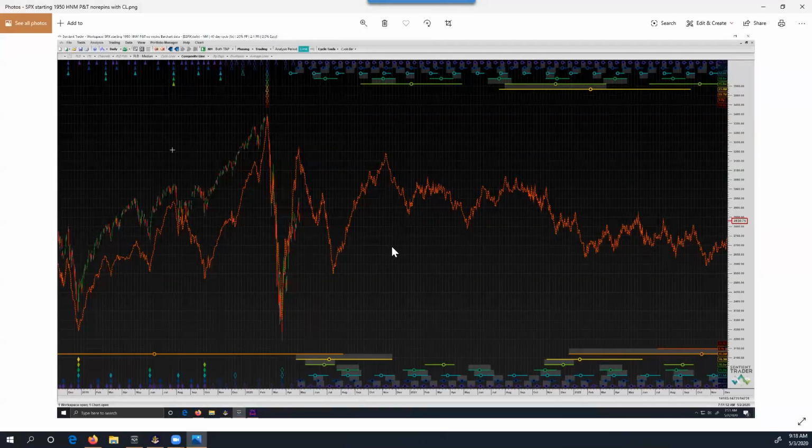It's unusual. But in this particular instance, we have oil moving down to $6.50 a barrel in April. And then we had silver plunging to 7-year lows or something in March.